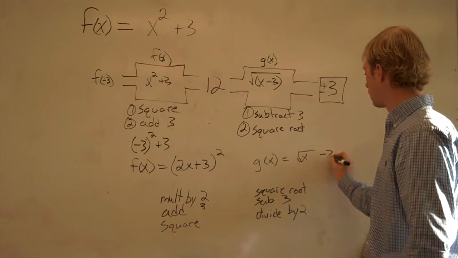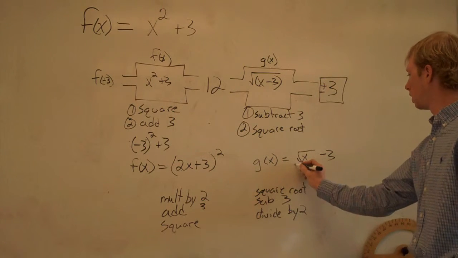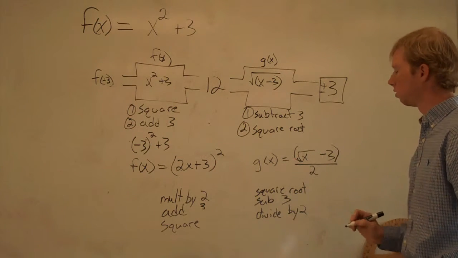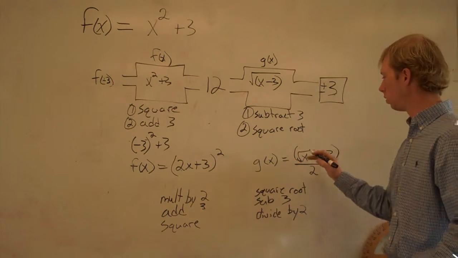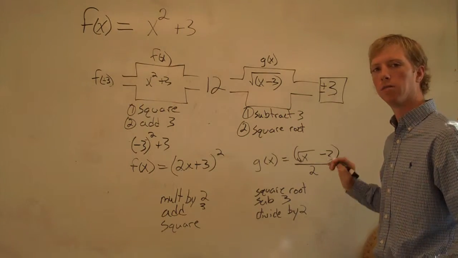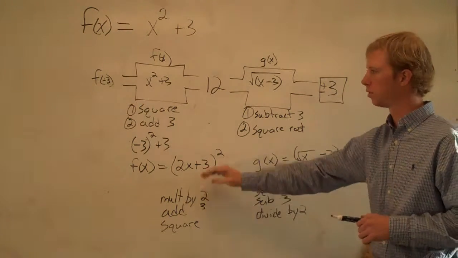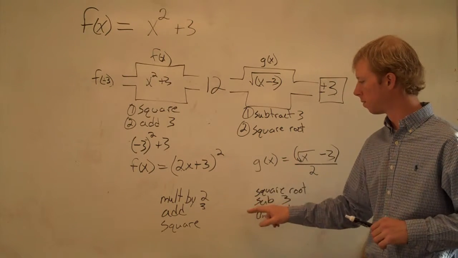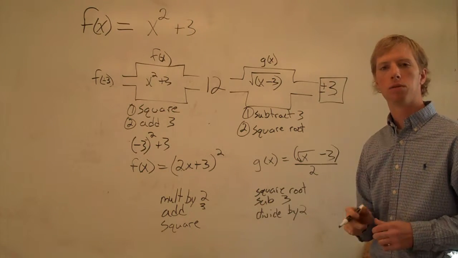Then I want to subtract 3. Then divide by 2. This will be the square root of x minus 3 divided by 2. 3 steps, 2 steps, you're always going to do the opposite order and the opposite operation.